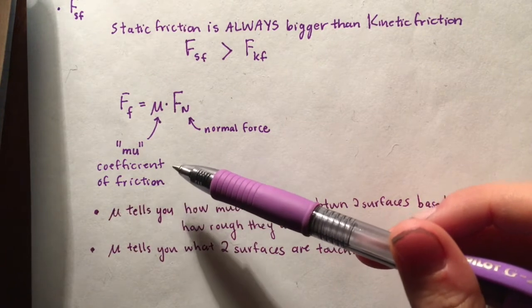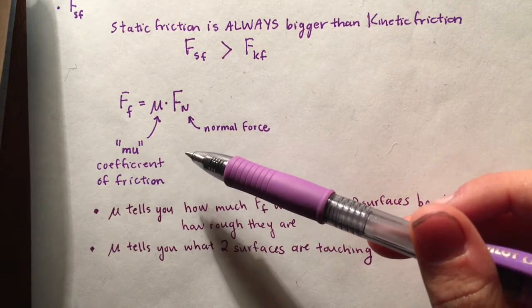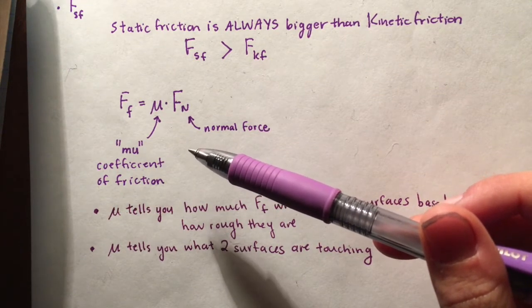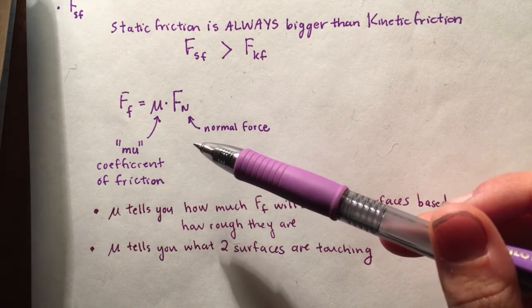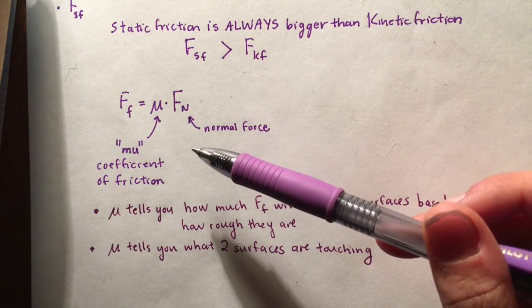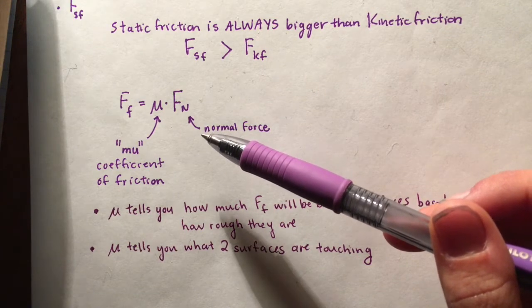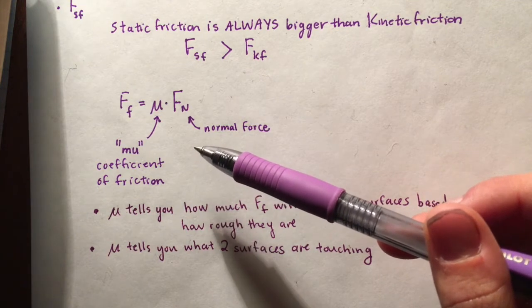So for instance, I don't know if you've ever walked on ice or on a freshly mopped floor, those surfaces are really slippery. So there's friction between the sole of your shoe and the surface that you're walking on. And when the ground is slippery, there's a lot less friction between your shoe and the ground.